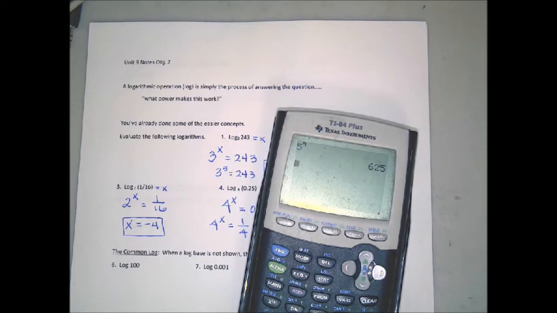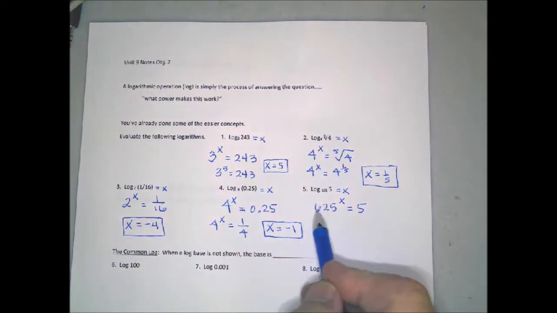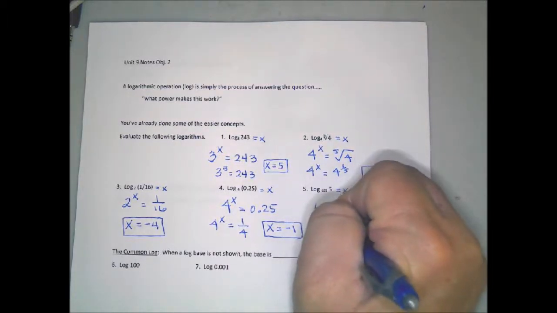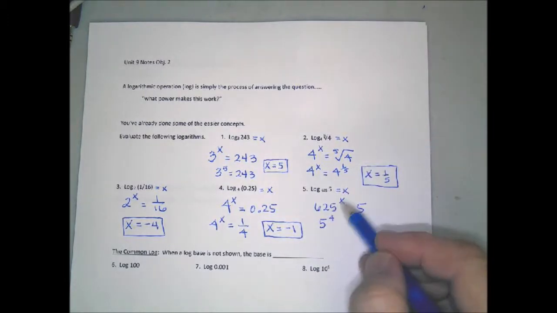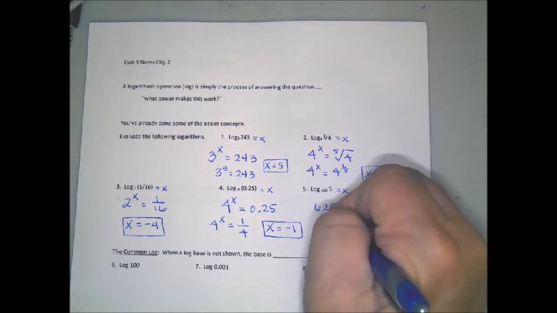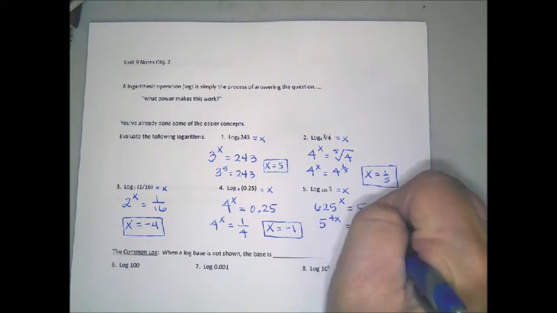So that's what we're going to do. We're going to use the idea that 5 raised to the 4th power is 625. So I'm going to turn the number 625 into 5 to the 4th power. But when I raise a power to another power, I end up multiplying. So this would be 5 to the 4x equals 5 to the 1st.